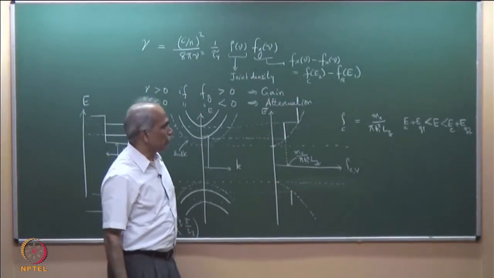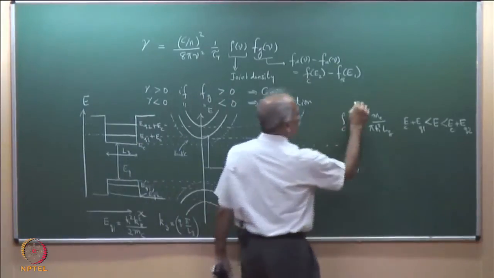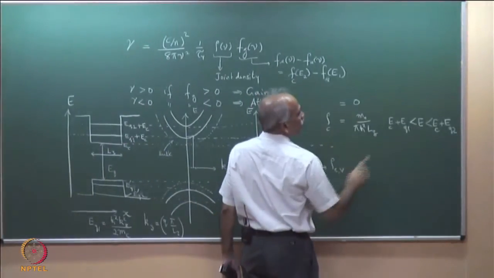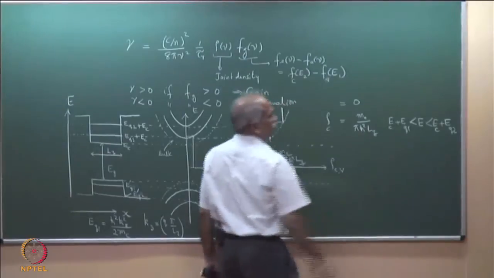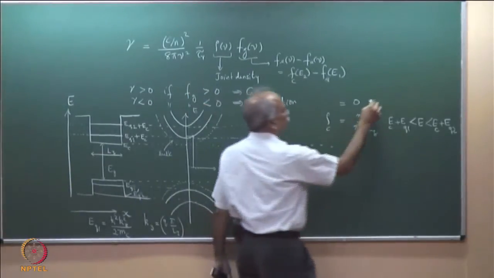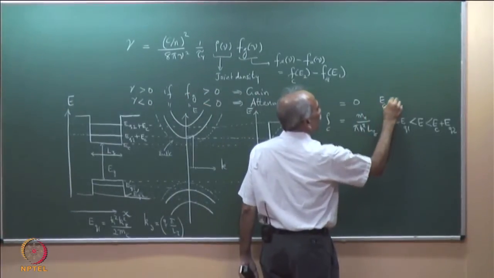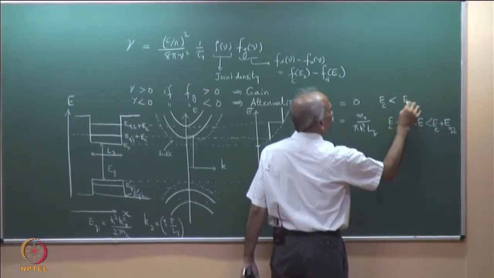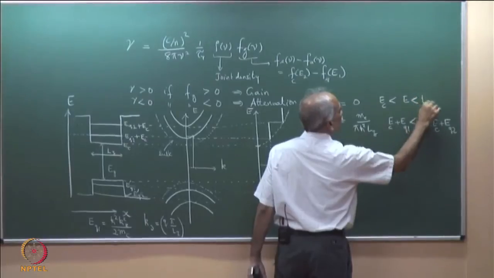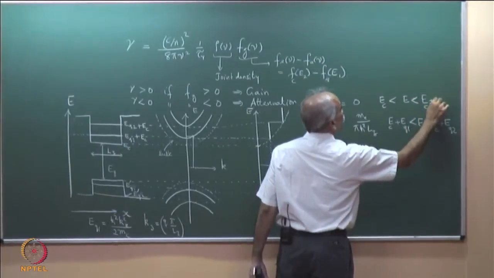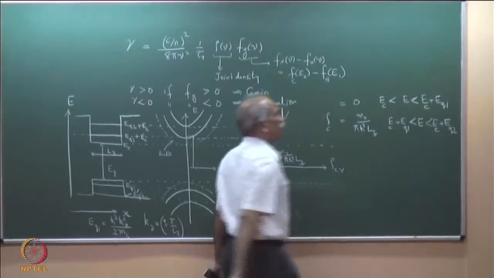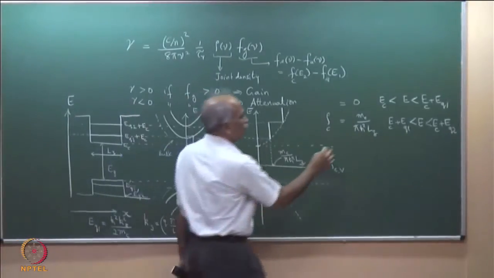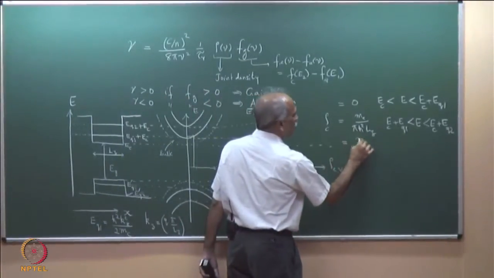This is equal to 0 for energy values less than Ec plus Eq1, which was not the case earlier in a bulk. And beyond this it is equal to 2 times mc divided by pi h cross square Lz, it doubles.